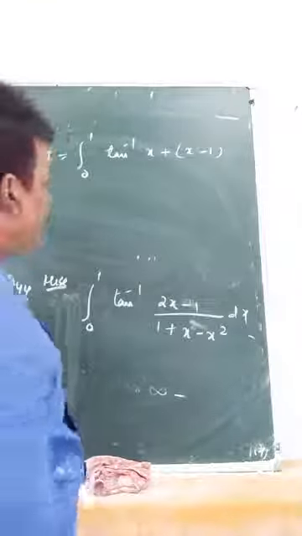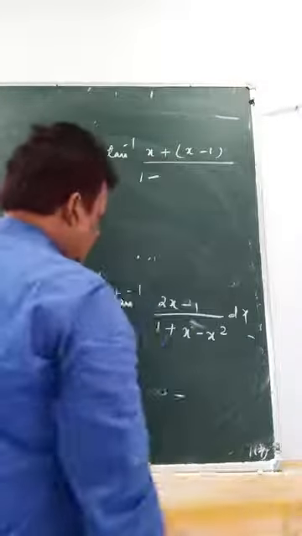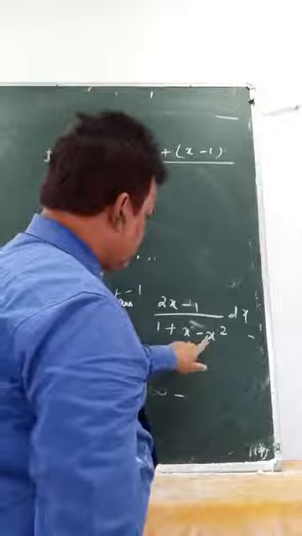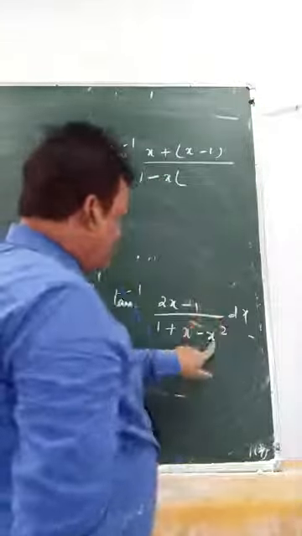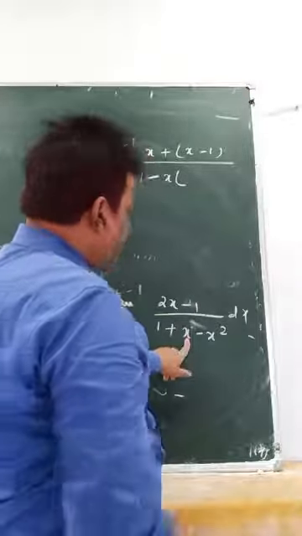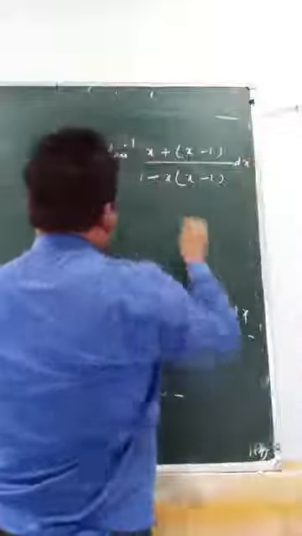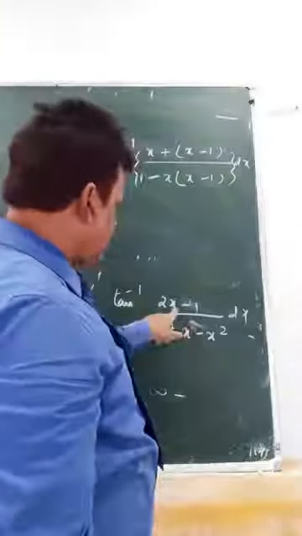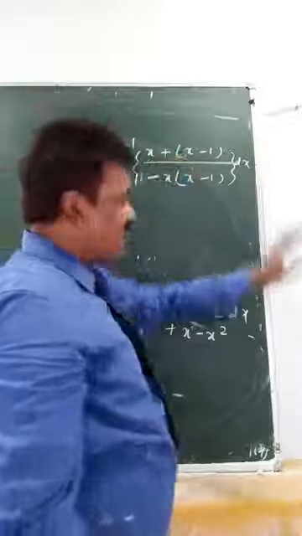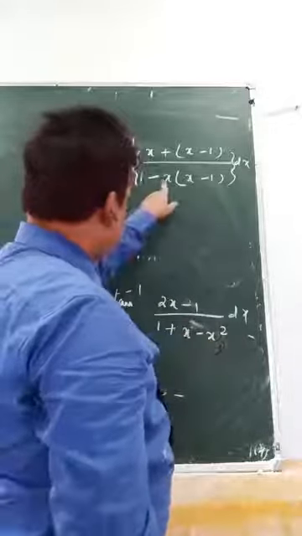Then divided by 1; if I take minus x common, then this will be x, x minus 1. Look at what you have done. You have split 2x minus 1 as x plus x minus 1, 1 minus x into x minus 1.